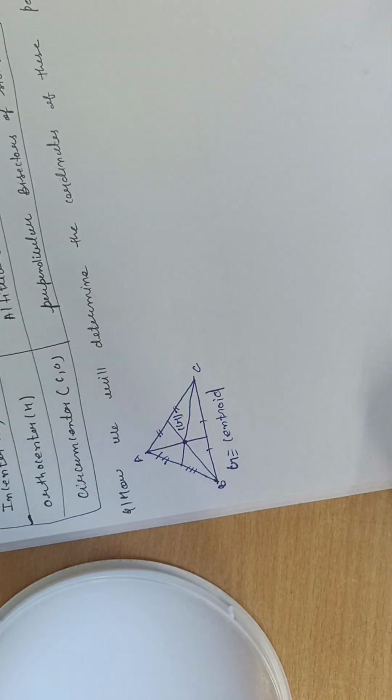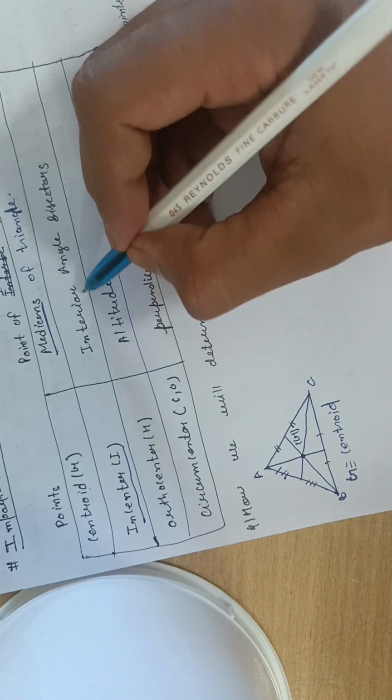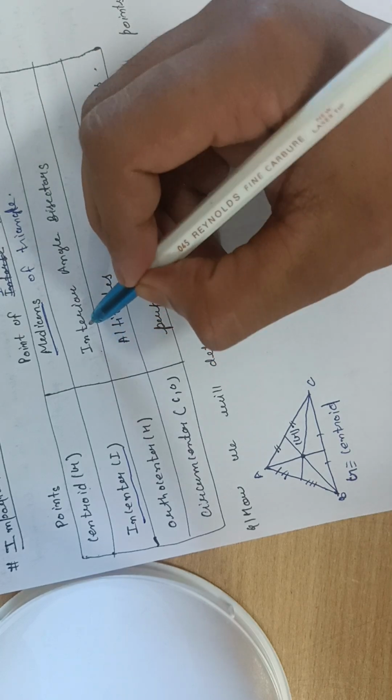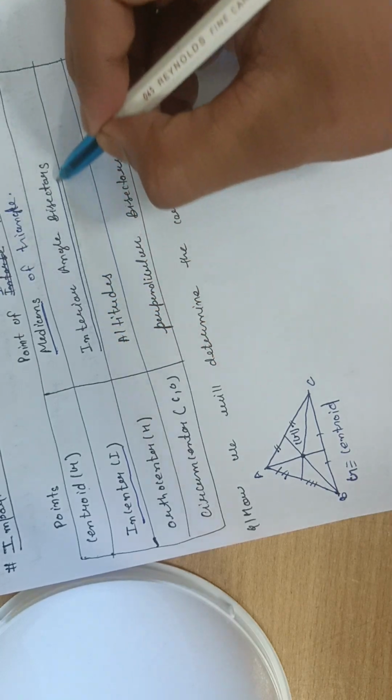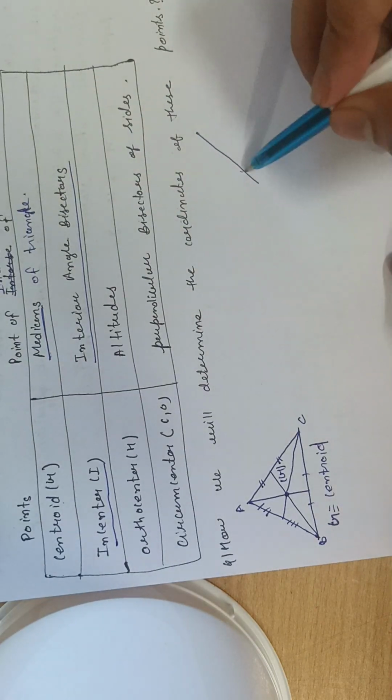Now see another point, the incenter. The incenter is basically the point of intersection of interior angle bisectors. I again draw a triangle.